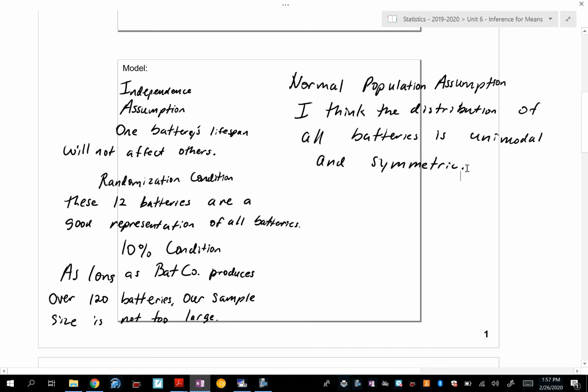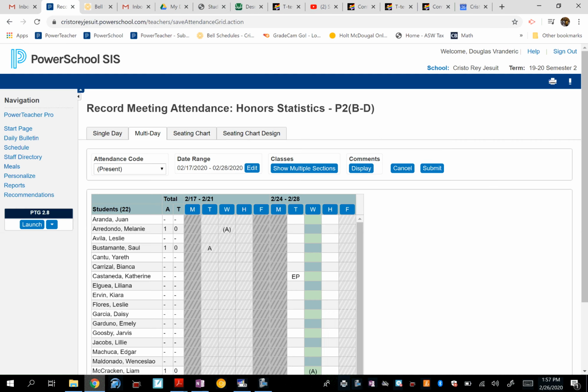So I have to check the nearly normal condition, which Jarvis is correct, is histogram. Now, I've already made the histogram, all right? And if I'm giving this to you on a quiz or a test, I will provide for you the histogram, okay? But we've gone over how to make histograms in Desmos, so in theory you could do it, and you'll notice that's where I made my histogram.